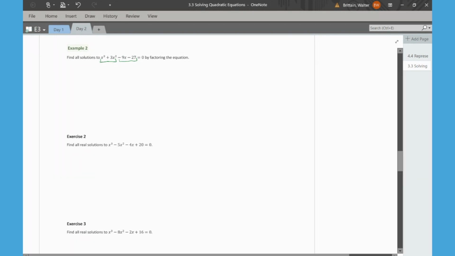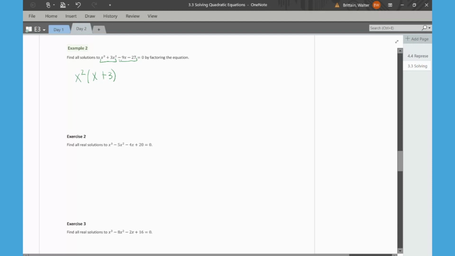So if I look at the first two terms, x cubed plus 3x squared, we have a greatest common factor of x squared. So if I factor out an x squared, I would still have an x plus 3 from the two terms.